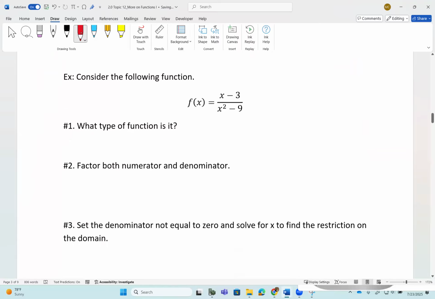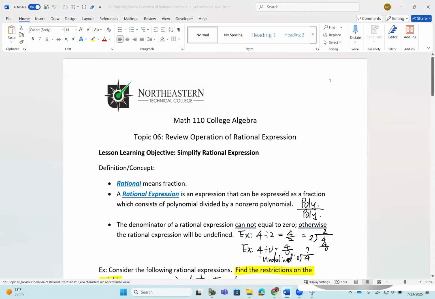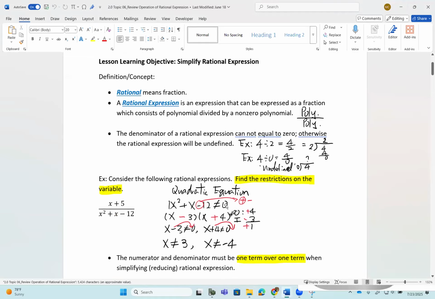All right, this is an interesting rational function. If we go back and look at what we reviewed in terms of rational expressions, when we first reviewed rational expressions, we talked about restrictions on the domain first.